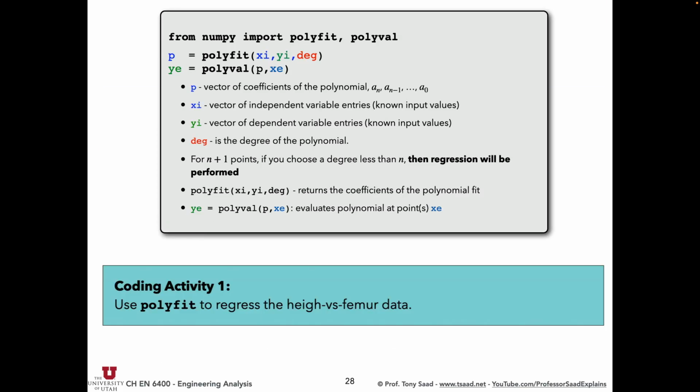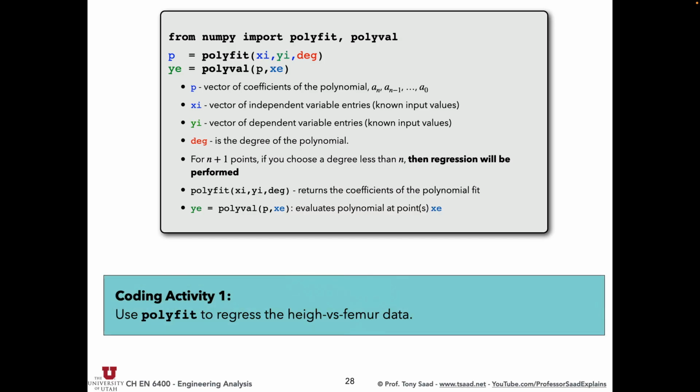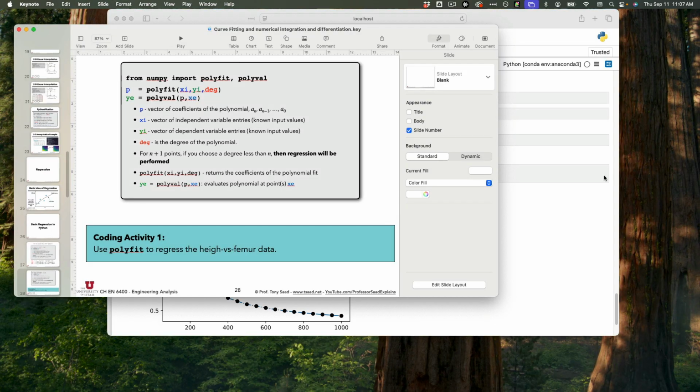So what we will do, we will apply it first to this data set that I talked about last time, height versus femur, that I showed you at the beginning of the lecture on Tuesday. So let's go ahead on Jupyter Notebook. And in your Canvas, if you go under Files, Regression, there's a text file called height versus femur data.txt, I think. Okay?